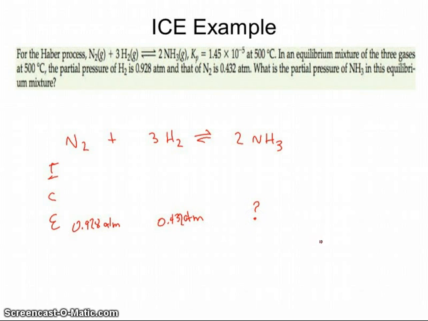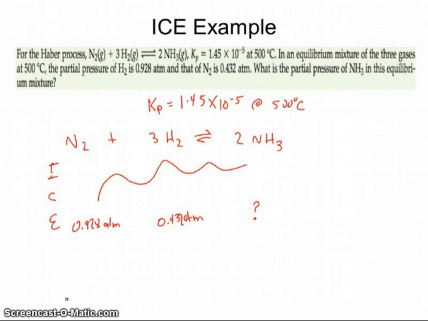So this is a question. And I also know that the equilibrium constant for this expression, Kp, equals 1.45 times 10 to the minus 5 at 500 degrees Celsius. And so all I have to do now is work this down. Now, what I don't have to do is fill in the ICE table. This is really not a nice problem.